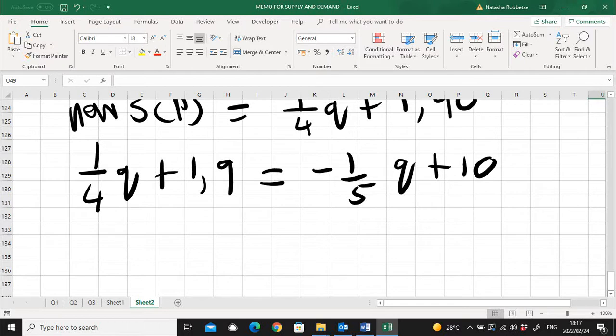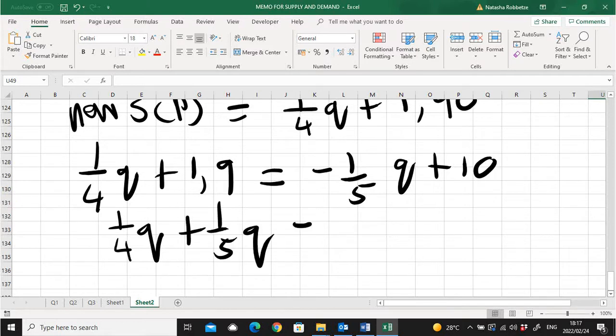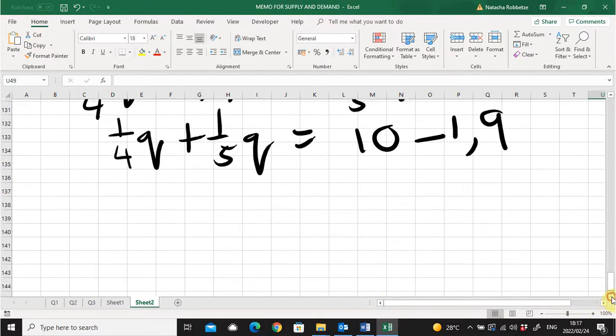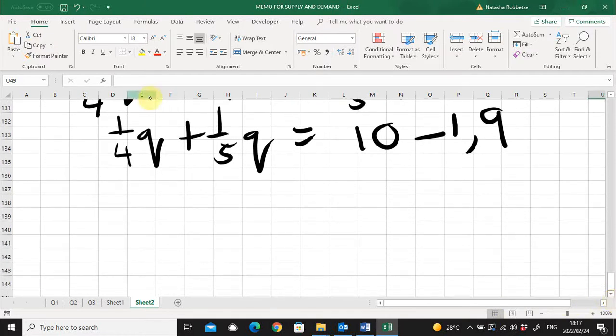So I'm going to move the items to the same side: 1 over 4Q, and then this one is going to come over, plus 1 over 5Q. This is going to be 10, and we're going to minus 1.9. Right, we need to add together 1/4 plus 1/5.